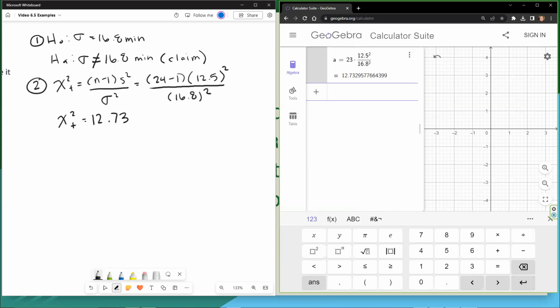And then over here, I'm going to draw a quick picture. Chi-squared. We draw our right skewed curve, and it's a two-tailed test, so I'm going to draw both tails.